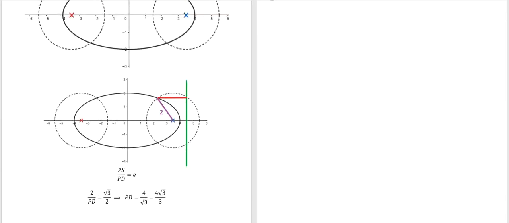We can check on our diagram, does it look like it's perhaps halfway between the origin and here?